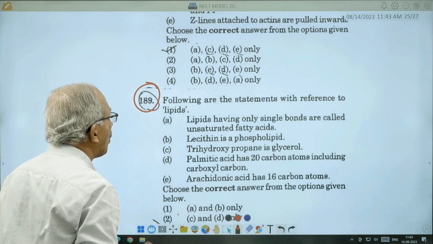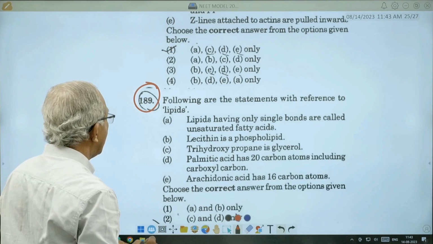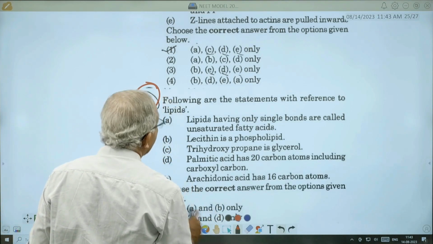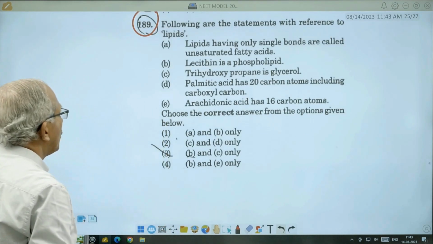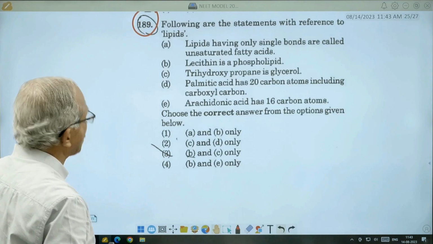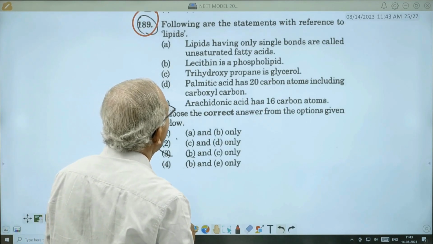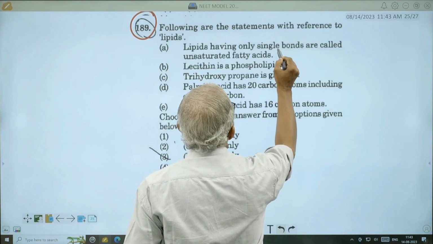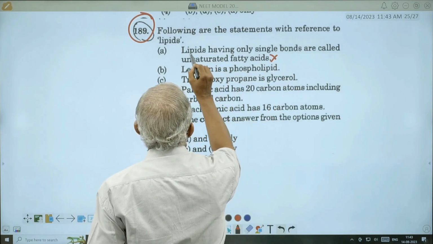Which of the following statements with reference to lipid is correct? Choose the correct answer from the options. Lipids having only single bond, it is wrong. It is saturated fatty acid, not unsaturated.